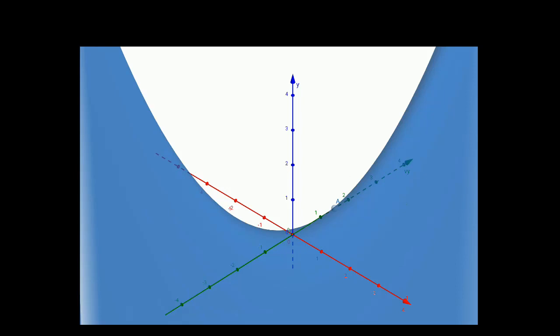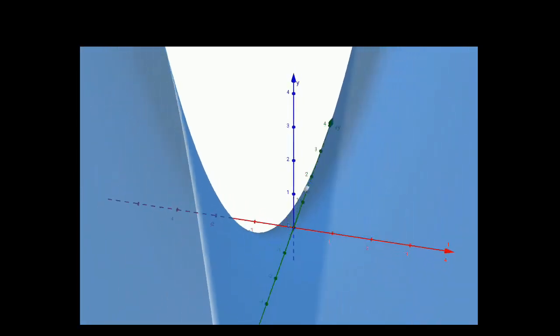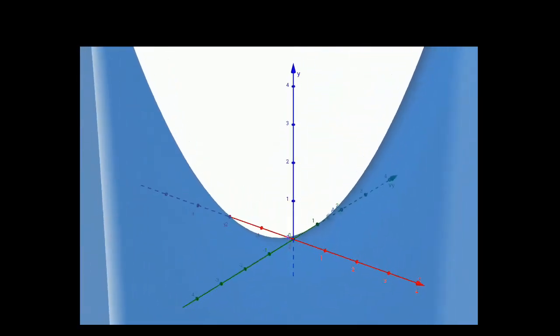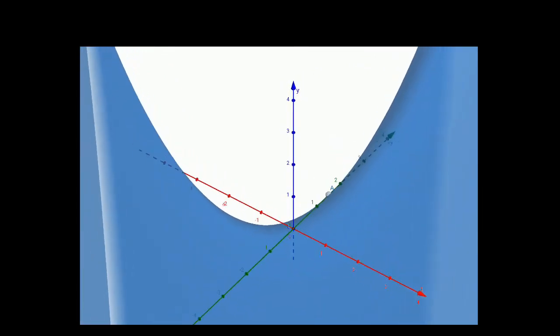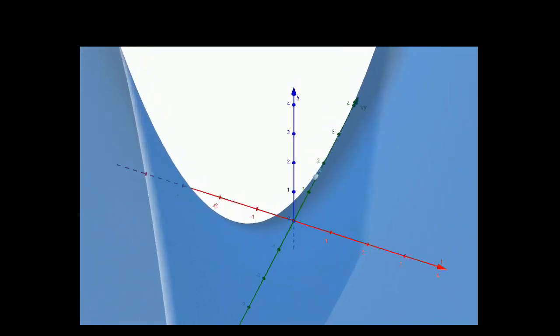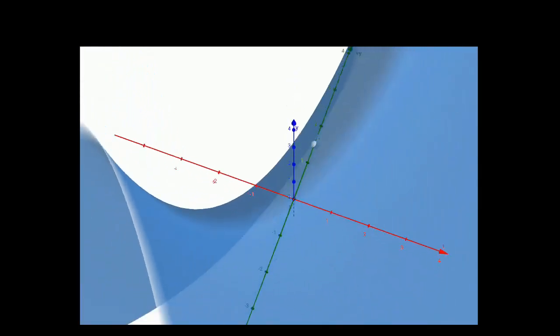So this time we have these two axes which are giving our inputs, the red one giving time and the green one giving the initial vertical velocity, and then the blue axis here is going to give us the output, which is going to be the height of our projectile at that particular time, given that particular initial velocity.